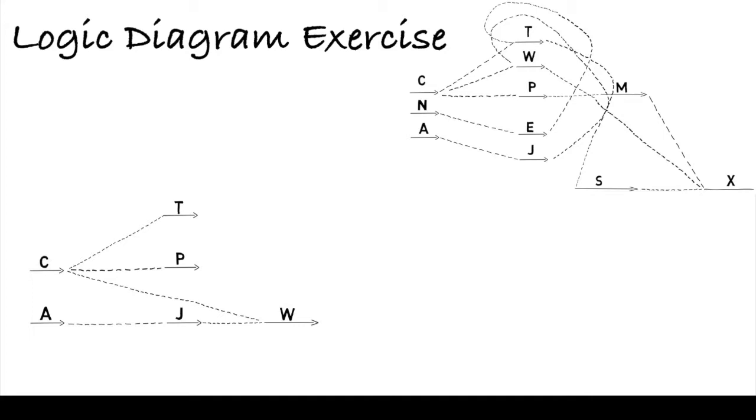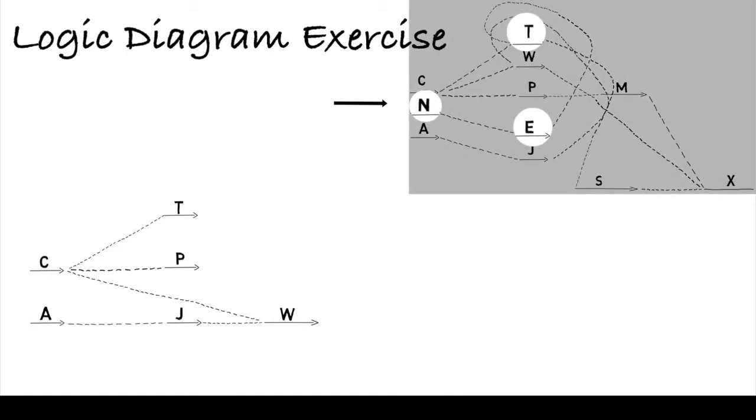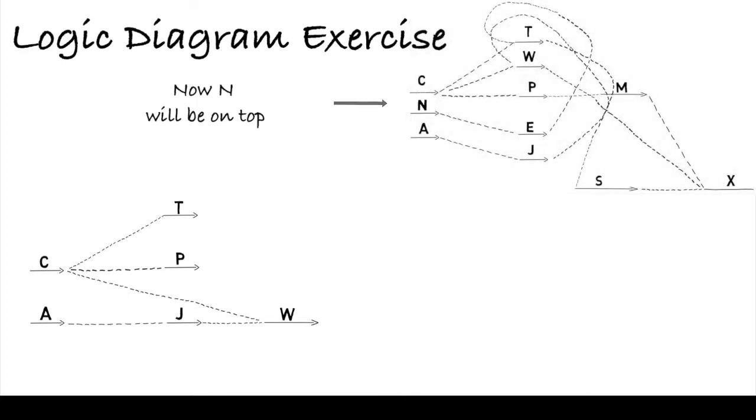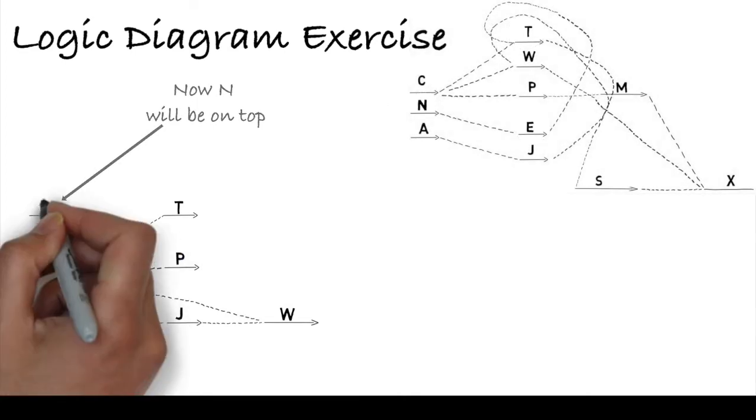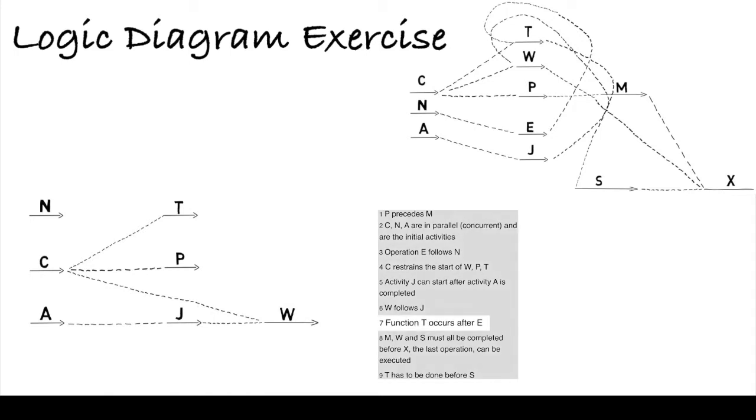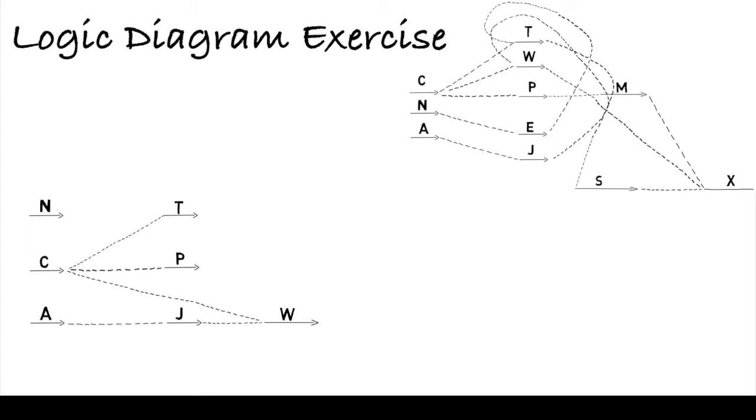Now it's time to deal with the last of our three starting points, N. Before we had N in the middle of the solution, we see that it connects to E and then T. We already have T in place, so if E comes before T, we will have to move it in between N and T. Let's go ahead and do that.